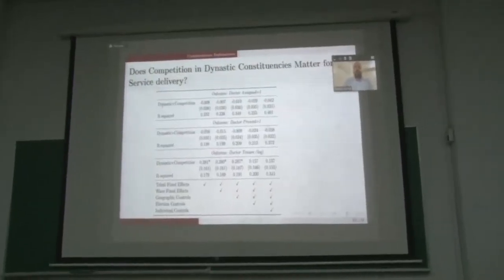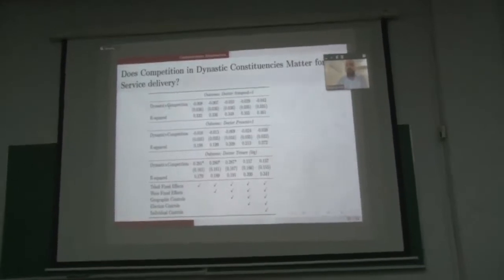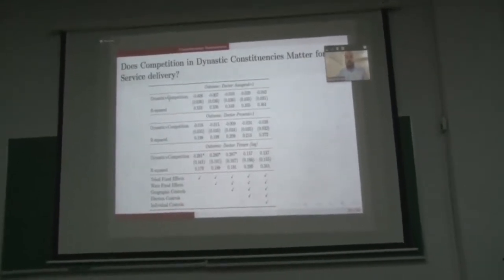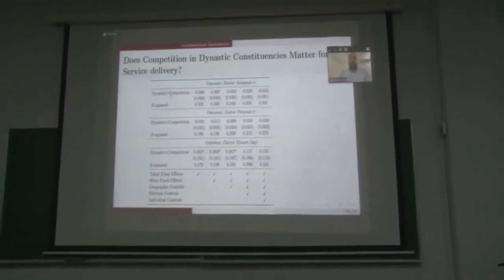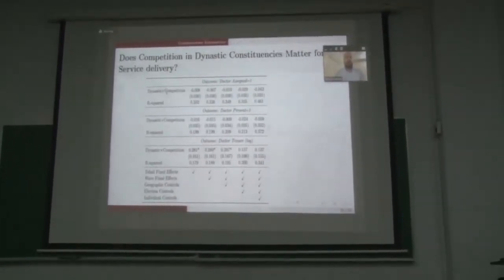Finally, we are also looking at how competition within the constituencies affects all these things. In this case, we are multiplying our variable of dynasty with competition to get results that interact competition and dynasty.